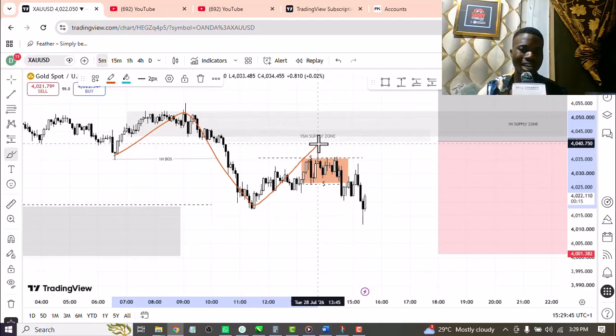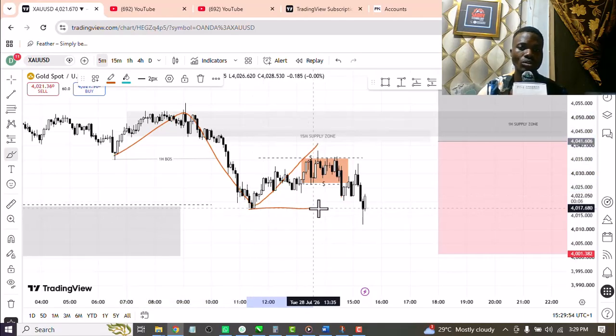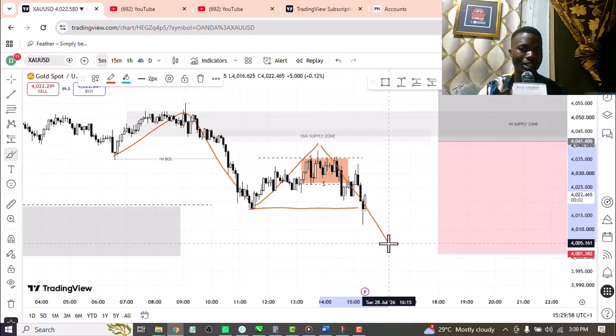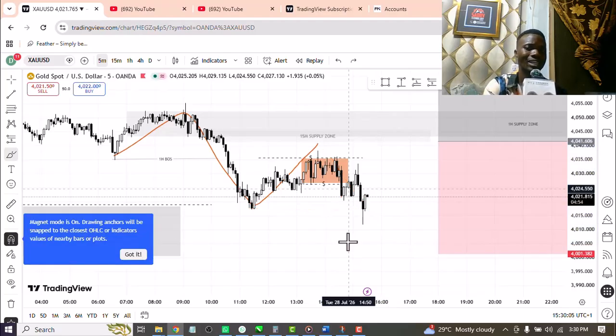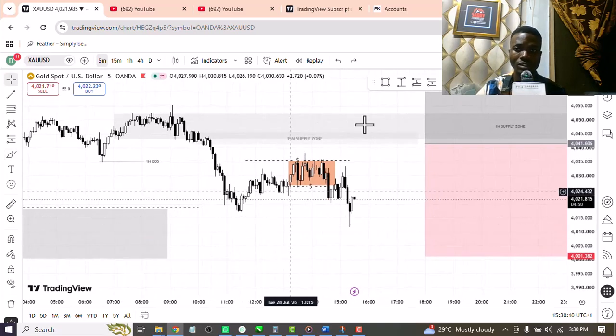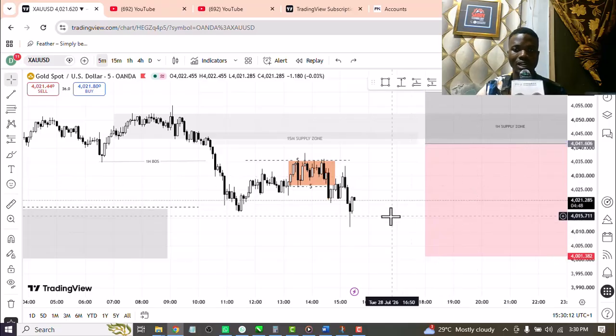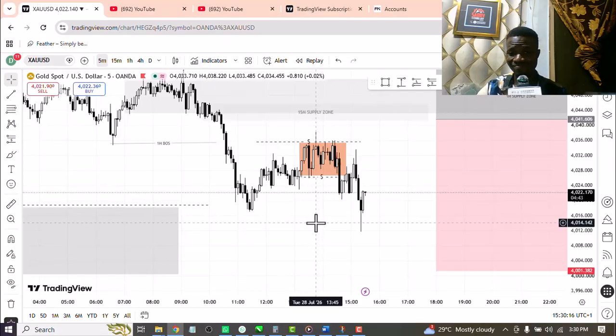If sellers have already entered this financial market fully, I'm going to expect sellers to break this low to create another break of structure. This is something that I'm expecting price to form for me, and currently price has not really aligned 100% to my trading plan, because what price did around there is, all right, sorry, let me just zoom my screen.